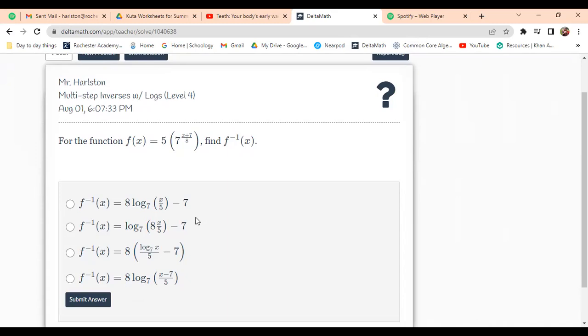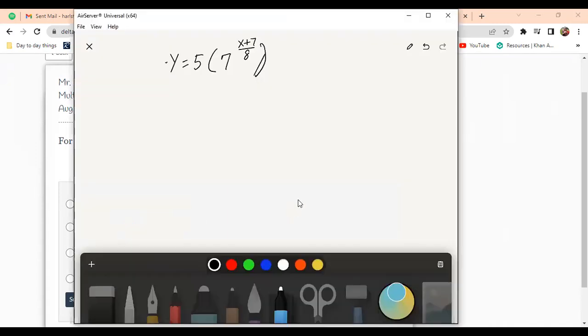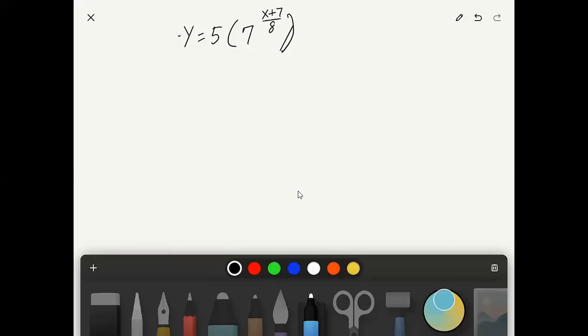So let's go. Now, this one, we're going to need a log. So now we're just going to replace the x and the y. So this is 5 times 7 raised to the x plus 7 over 8 power.